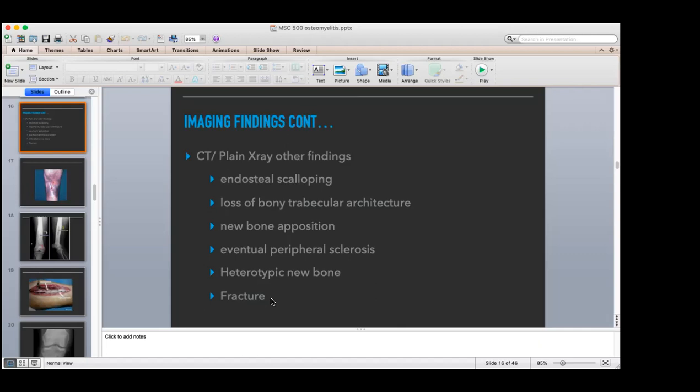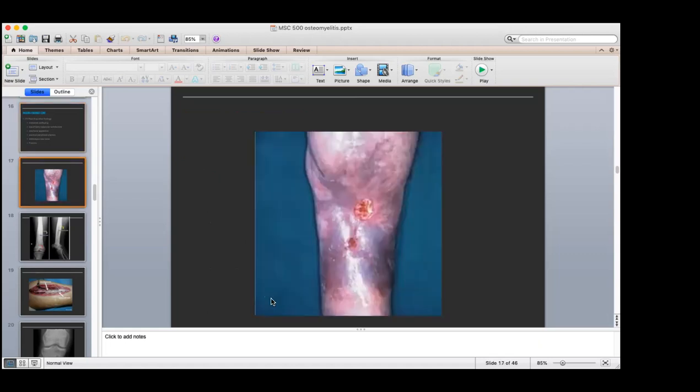Then you can have loss of bone trabeculae. I'll show you what bone trabeculae is. Then you have new bone that is just misplaced, not in the right place. So you have new bone apposition and heterotopic new bone formation. Then you eventually get peripheral sclerosis, and possibility of getting fractures because the bone has been weakened is also high.